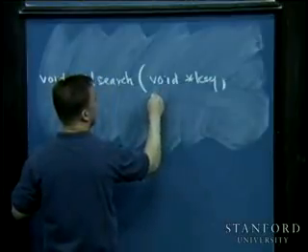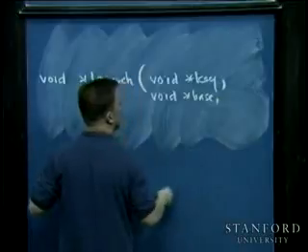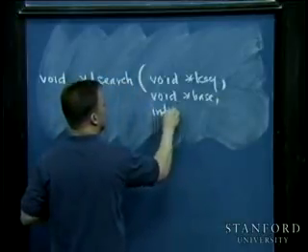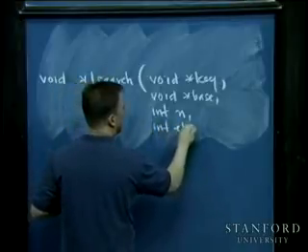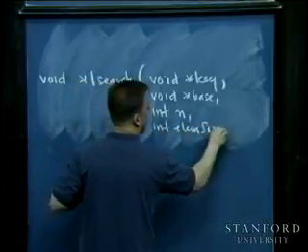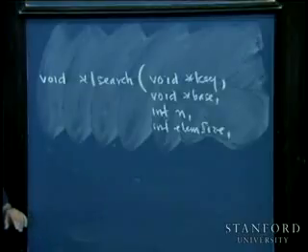I want to pass in void star base. I want to pass in int n. I want to pass in int elemSize. And then I want to pass in the address of some function that's capable of comparing the elements that I know them to be.